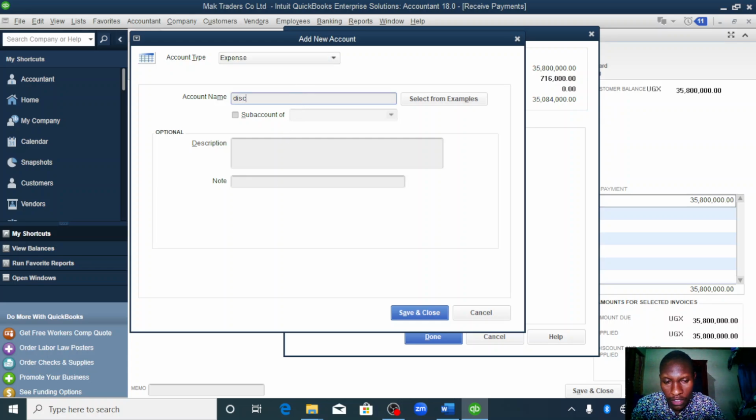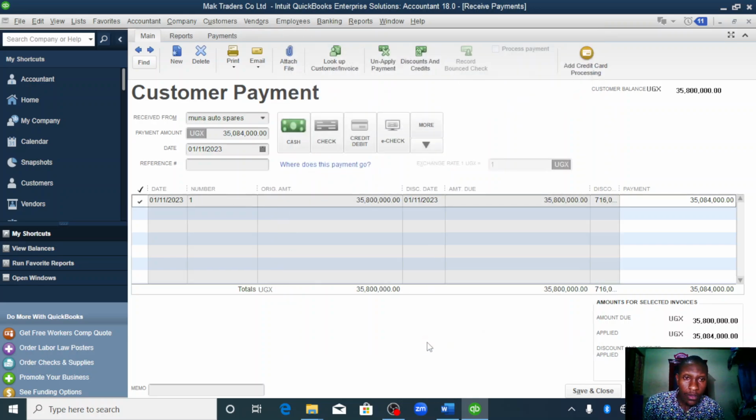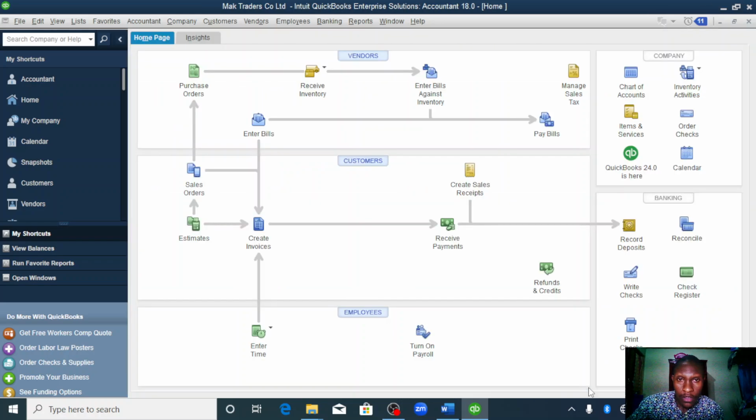So put there discount allowed, we save and close. We click on done, we save and close. So we go there and record the deposits.